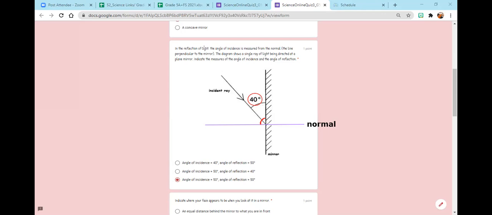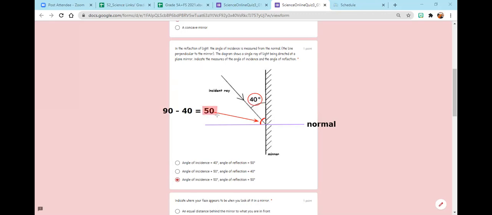How much will be left to the angle of incidence? Here is the angle of incidence. This one, 50. So I put 90 minus 40. It's equal to 50 degrees. So the angle of incidence is equal to 50 degrees.